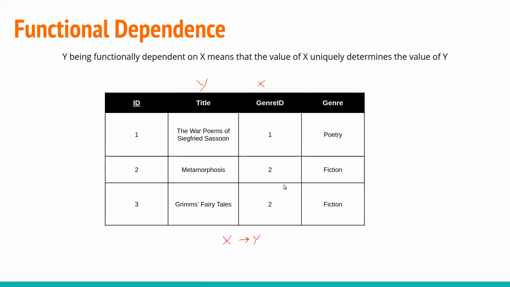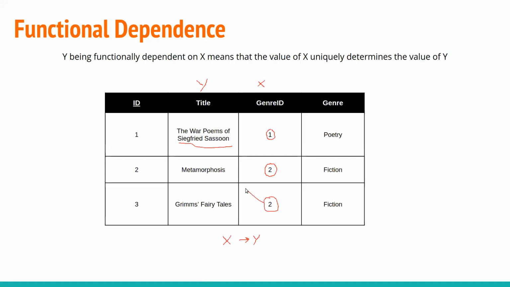So now the answer is no. Why is it no? Because when the genre ID is 1, we know that the title is the war poems of Siegfried Sassoon. So that's cool. However, when the genre ID is 2, we don't know what the title of the book is.